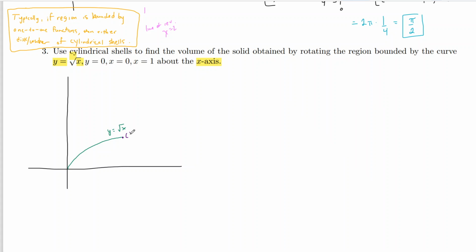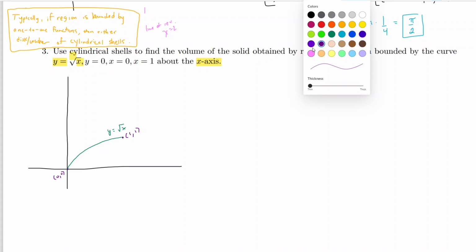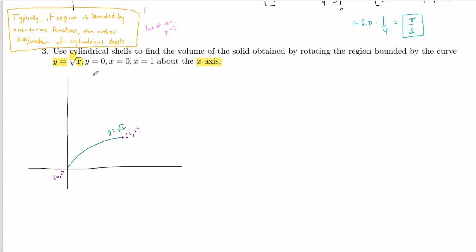Now at x equals 1, the y value is also 1, so I'll just go ahead and point out that that is the point 1 comma 1. And down here is 0 comma 0 where it starts. And I'm just going to draw on the rest of the region. So we've got y equals 0, which is the x-axis. It's automatically stopped at x equals 0, so we don't have to really draw that in.